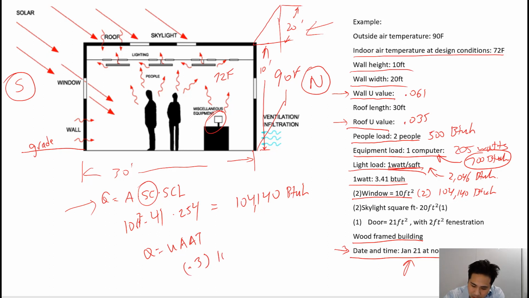The area is 10. And the delta T is going to be 90 degrees minus 72 degrees. And that's going to give you 54 BTUs per hour.